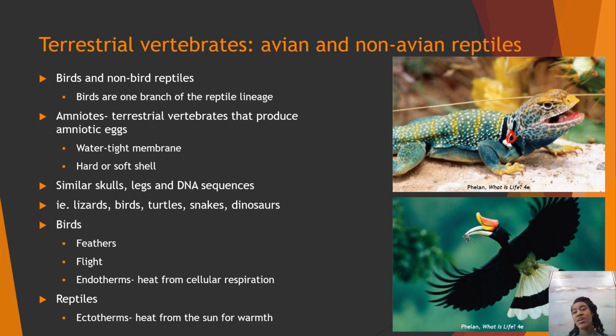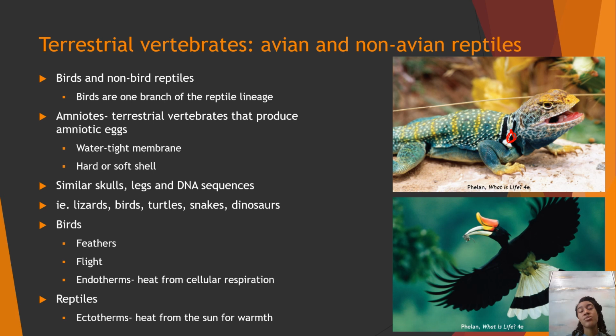And of course, there are a lot of differences between the birds and the other groups of reptiles. For one, birds have feathers and they can fly, and they are also endotherms. So they're able to maintain their body temperature via the energy from cellular respiration, whereas non-bird reptiles cannot do this, so they're considered to be ectotherms.